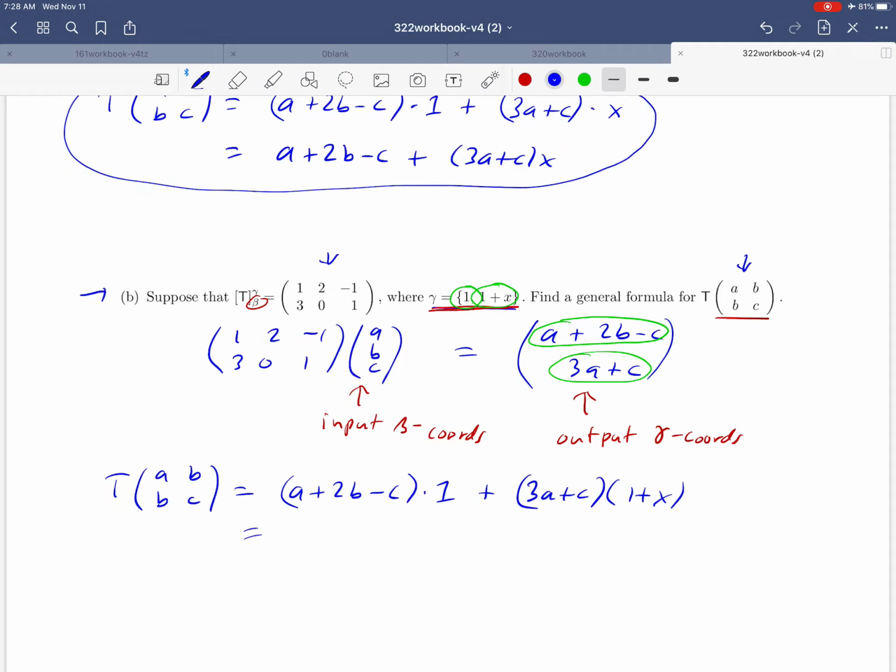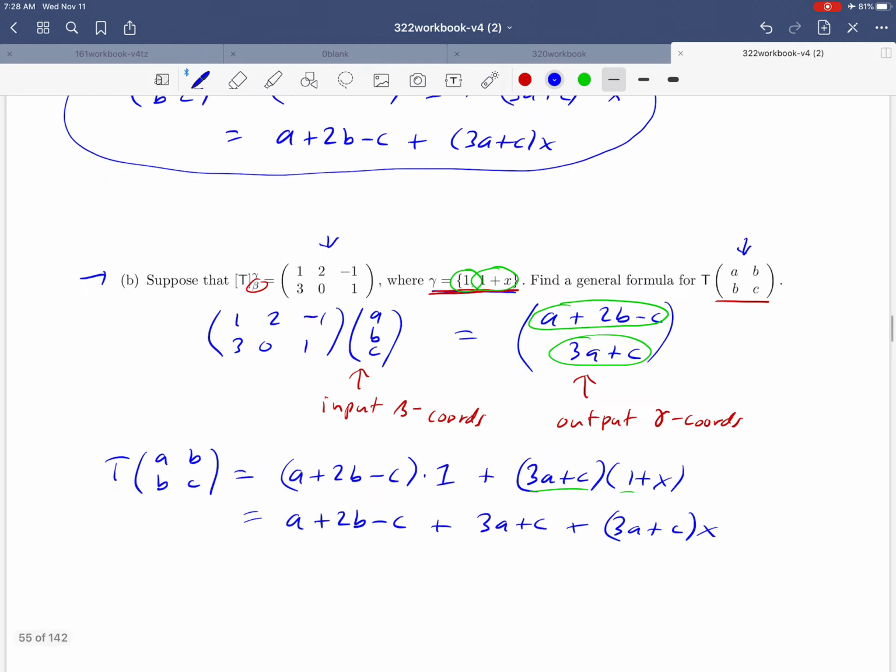The rest here is just some algebra. Let's simplify this. So a plus 2b minus c. If we multiply the 3a plus c through, we're going to get 3a plus c. That's going to come from taking those two times each other, and then plus (3a plus c) times x. We could maybe do a little bit of grouping here. We've got an a plus a 3a.